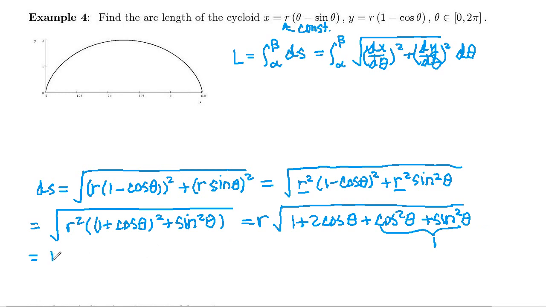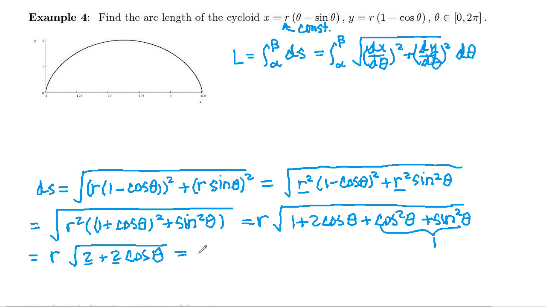So we're going to have an r out in front, and then this will be the square root of 2 plus 2 cosine theta. So there's our ds, and that's what we're going to integrate. We actually can factor a common 2 out here.